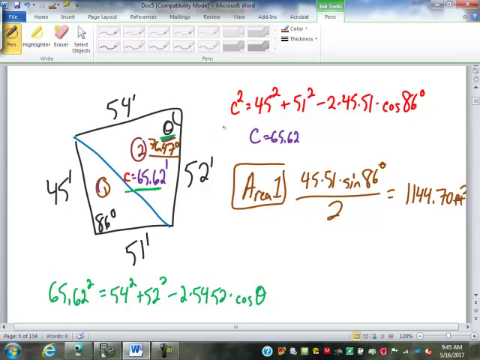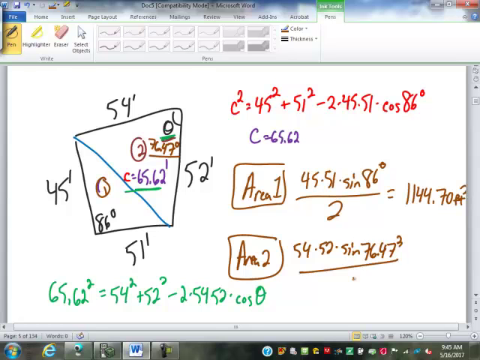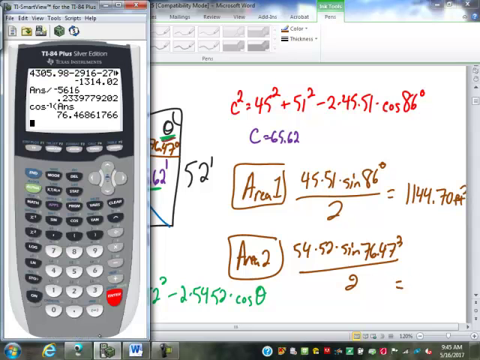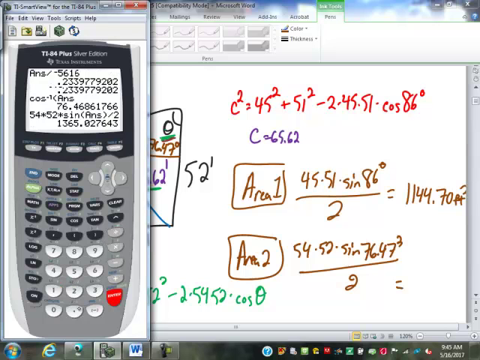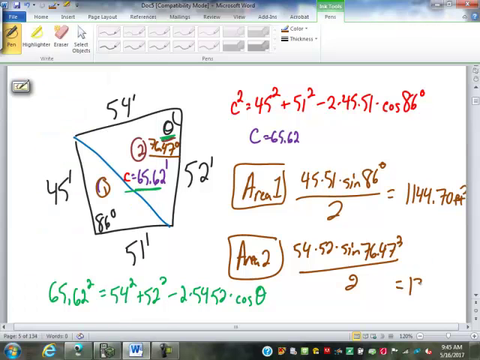That was one of the things we had to find for that problem. Now to find area of 2, it's going to be 54 times 52 times the sine of 76.47 degrees over 2. $1365.03 square feet.